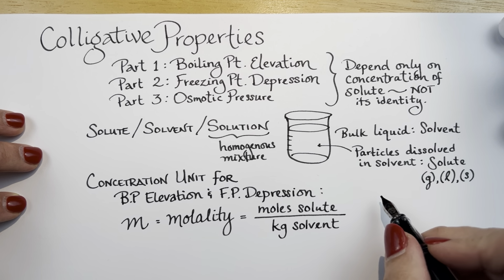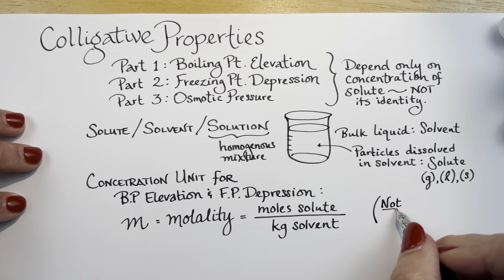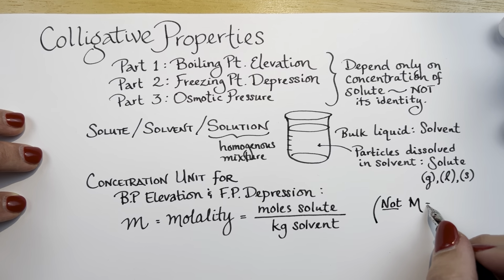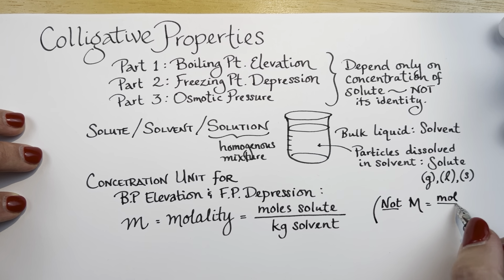Okay, so just as a reminder, not molarity, which is moles per liter. And when we say moles per liter, we mean moles of solute over liters of the entire solution.